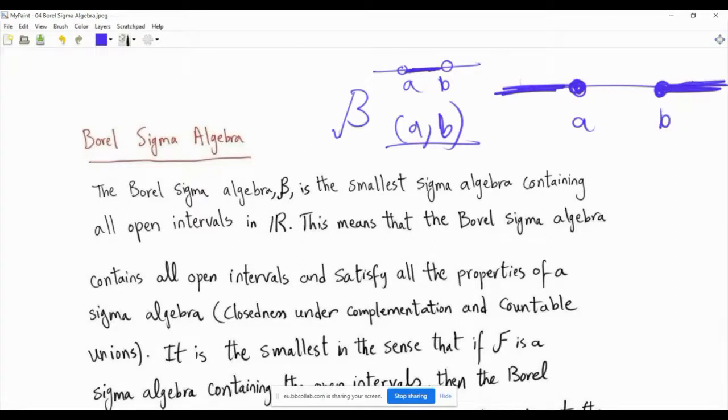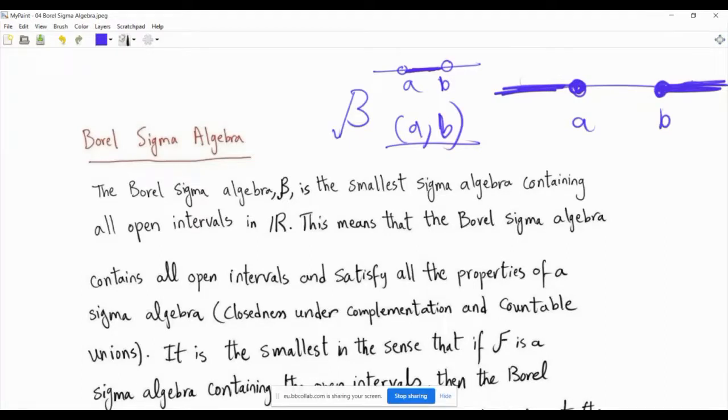Sigma algebras are not arbitrary. They have properties and they are closed under complementation. If you choose a subset of big omega in your sigma algebra, you must choose its complement. And if you choose a bunch of subsets, then you need to include their finite or countable union.